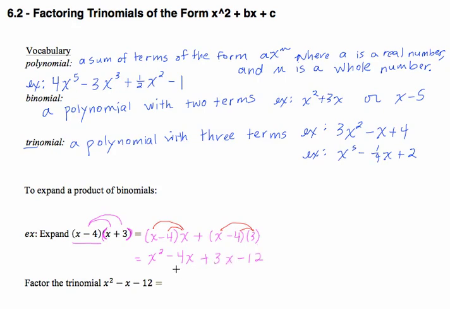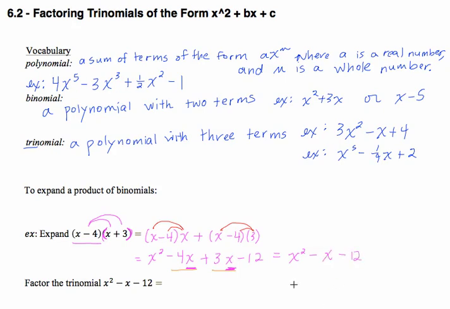And in this case, these 2 middle terms here do combine because we have negative 4x plus 3x. Those are like terms because they both have variables to the same power, just x and x, which means we can simply add the coefficients. So negative 4 plus 3 is -1, so this becomes x squared minus 1x, or just x, minus 12.